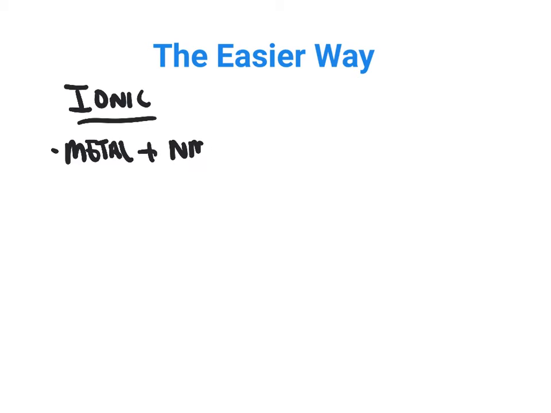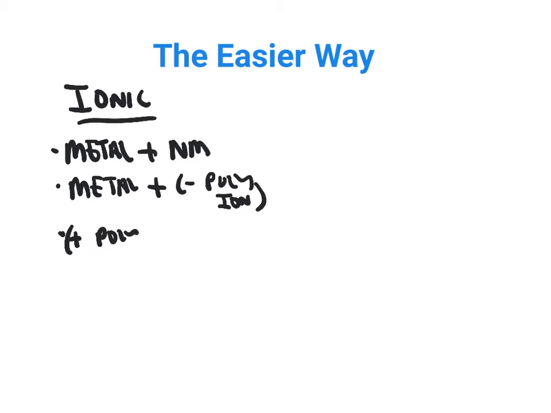The easier way to remember this is the following. Ionic bonds happen between the following, and there's quite a bit in this list: a metal and a nonmetal, a metal and a negative polyatomic ion, a positive polyatomic ion, there's only one, it's ammonium, and a nonmetal, and finally between two polyatomic ions.